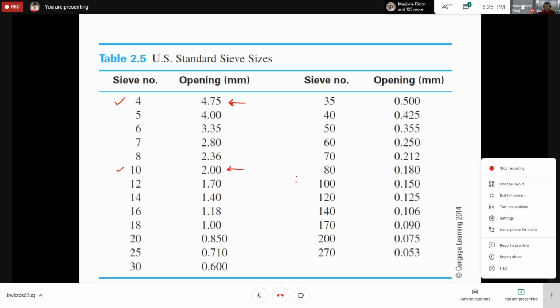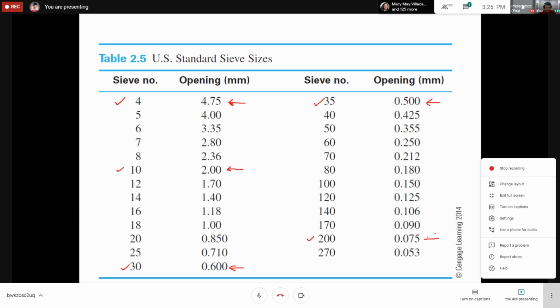And if you look at other aspects of your classification system, there is 0.6, right? And 0.5. Then sieve number 30, then 50. These are also important in classifying the soil specimen with the different classification systems. Lastly, we have sieve number 200.